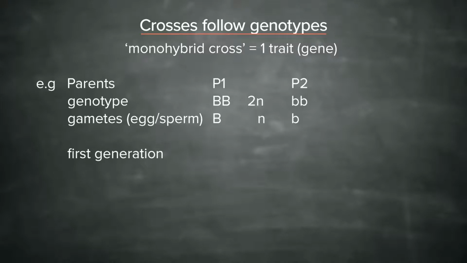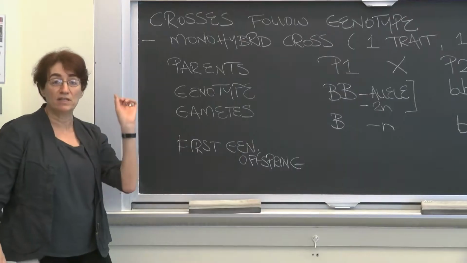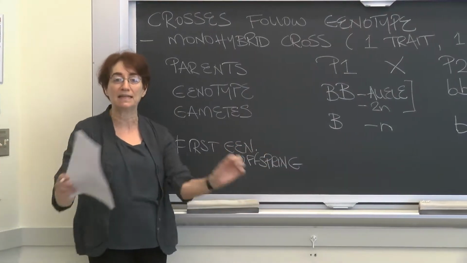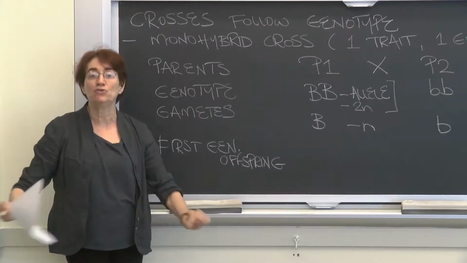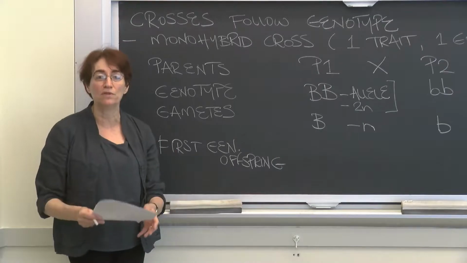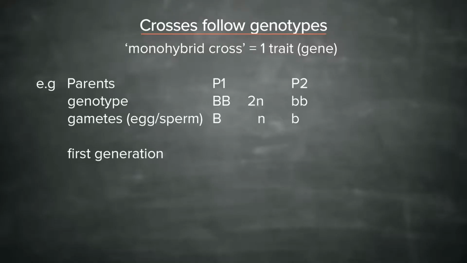So we are now going to cross these parents to one another. When mating occurs, there is one male gamete and one female gamete that come together to make a diploid organism. They restore the diploid number of chromosomes.